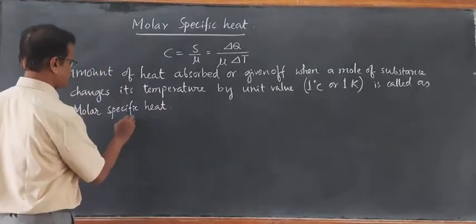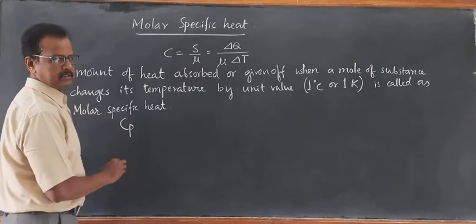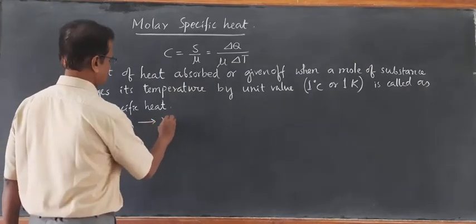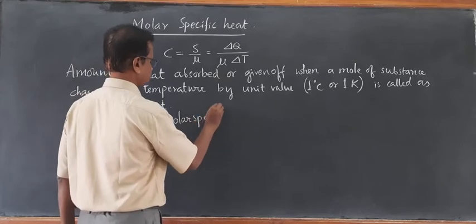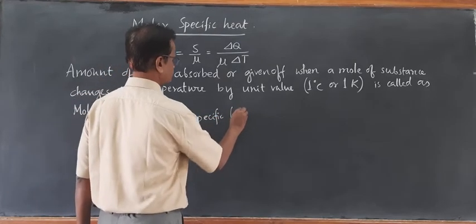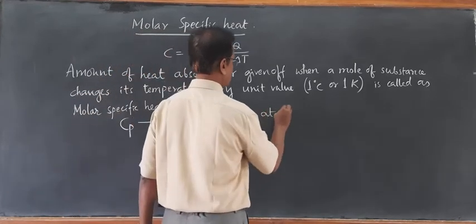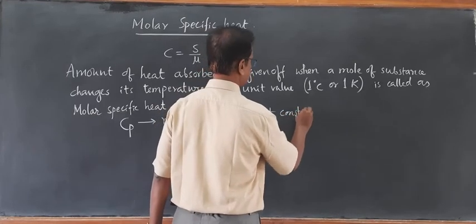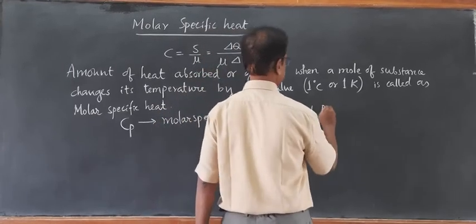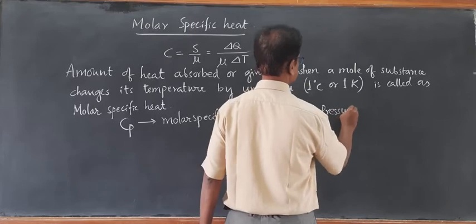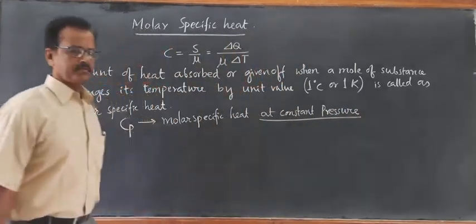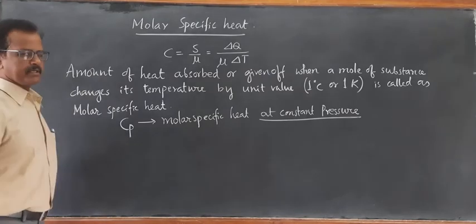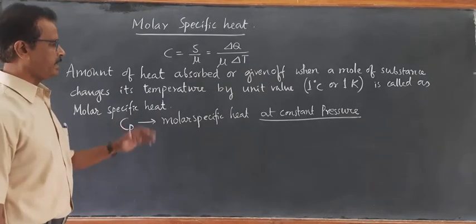So there are two types, Cp and Cv. Cp is molar specific heat at constant pressure.